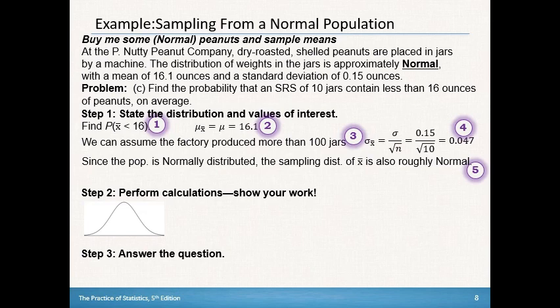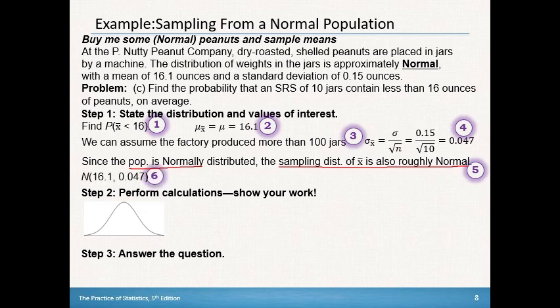You want to say those words: the sampling distribution of X bar is approximately or roughly normal. And how do we know that? We know that because the population is given to us as normal. So therefore, we know the sampling distribution of X bar is normal. The sample size does not matter in this case. It will later on, but for right now, it doesn't, because we were given that the population distribution was normal.